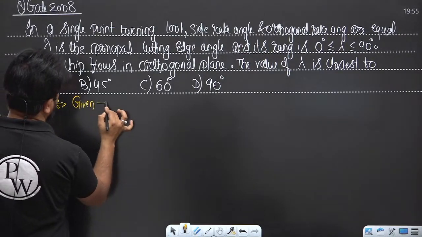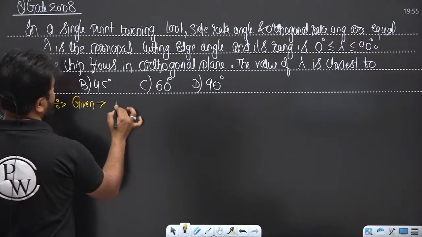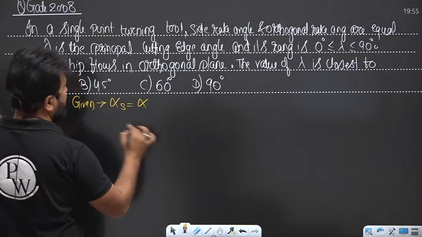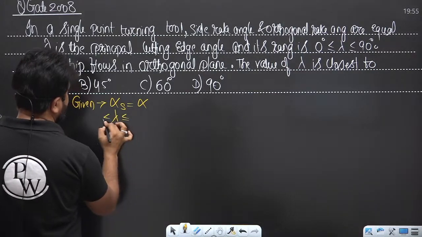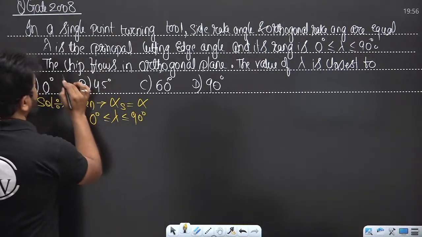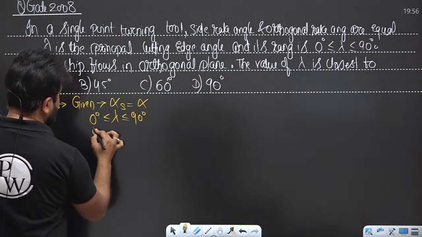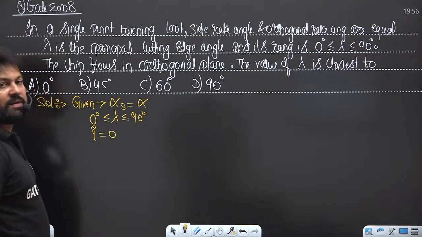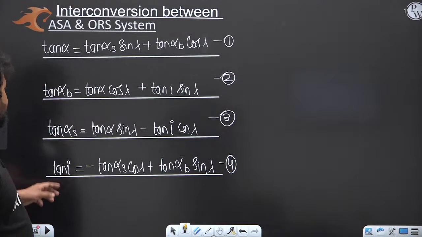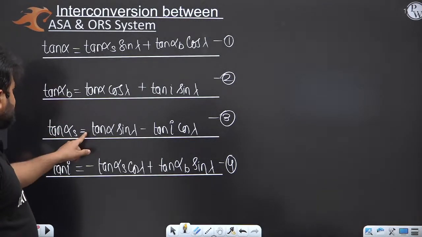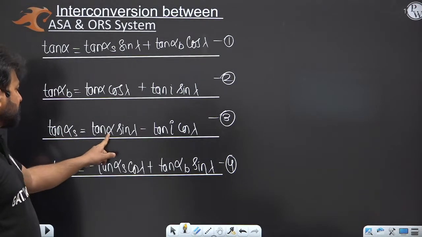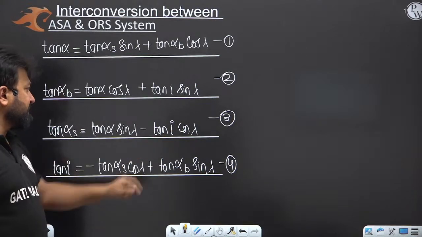My dear, what is the information given in the question? Side rake angle and orthogonal rake angle are equal, and lambda is the principal cutting edge angle. The chip flow in the orthogonal plane means I equals 0, then you have to tell me the exact value of lambda. Which formula can we apply? I think this formula, because in this formula side rake angle, orthogonal angle, lambda and I are coming.